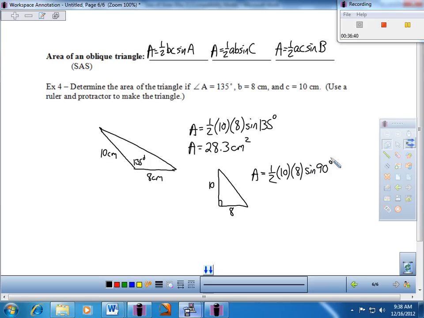Hey, guys, what is the sine of 90 degrees? Well, sine of 90 degrees is just 1. So do you see you end up getting just 1/2 base times height? I said it in reverse form, but essentially the 1/2 base times height is an extension of this formula up here. If it's a right triangle, it's just 1/2 base times height.